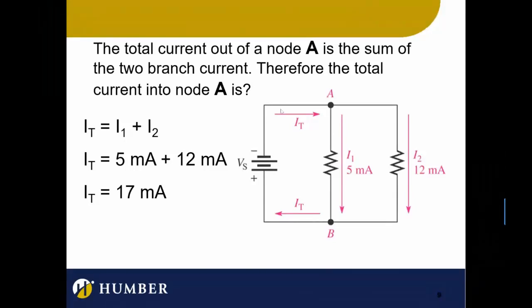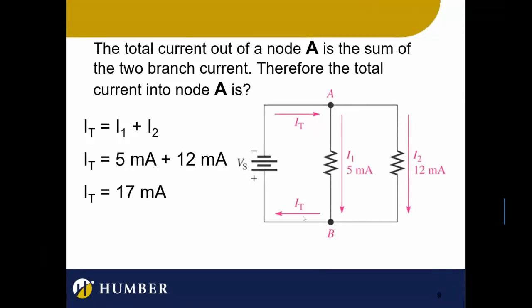It says that IT equals IR1 plus IR2. It's that simple. In this case, we know that's 5 and we know that's 12, so the total is 17. And that's nodal point A, and that's nodal point B.